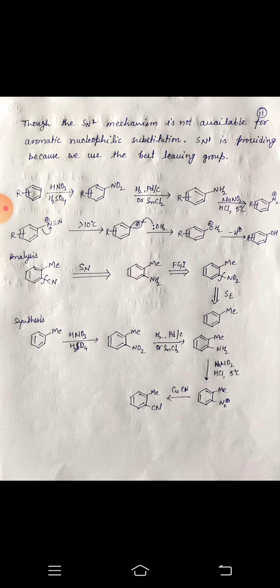And this aryl cation, in this aryl cation, the empty orbital is sp2 orbital, which is sp2 orbital in plane of aromatic ring, which is unlike the normal p orbital of the alkyl cation.